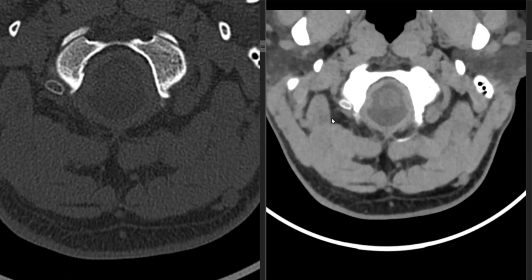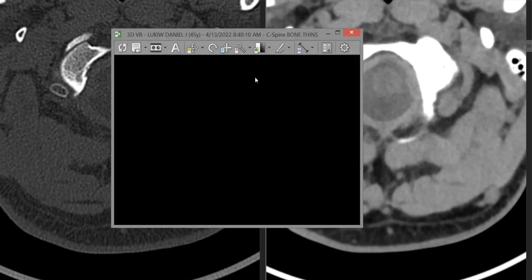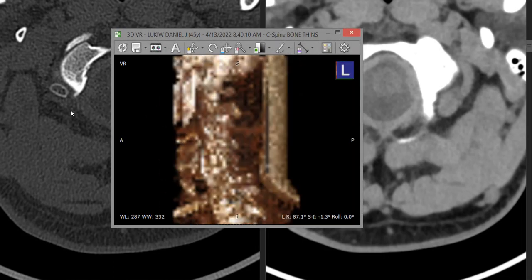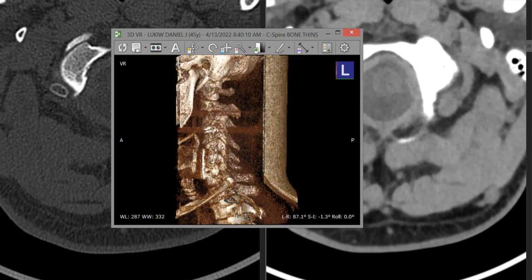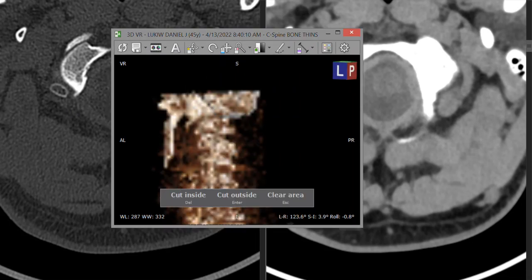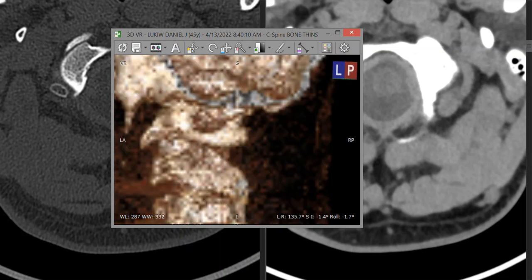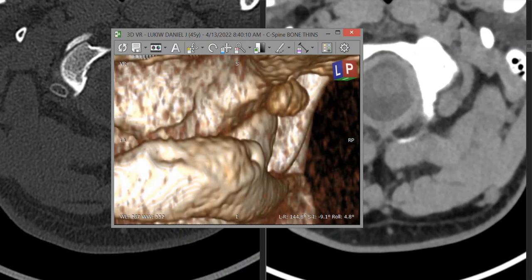Okay, the final thing I wanted to look at was that right side. Here is what we looked at three-dimensionally. That's the 400. I'm going to pause. Escape. All right, so this is what we were looking at here.